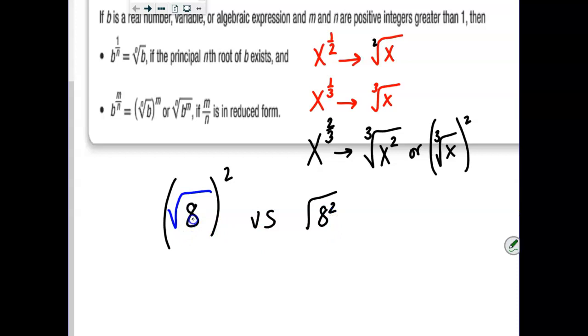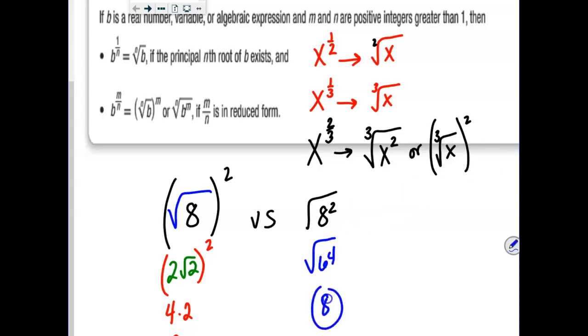So square root of 8 is 2 square roots of 2, right? And if you were to square that, you would square the 2 and get a 4. And then when you square the square root, you get a 2. So you get 8. Oh. If you did the squared first, this becomes the square root of 64, which is also 8.